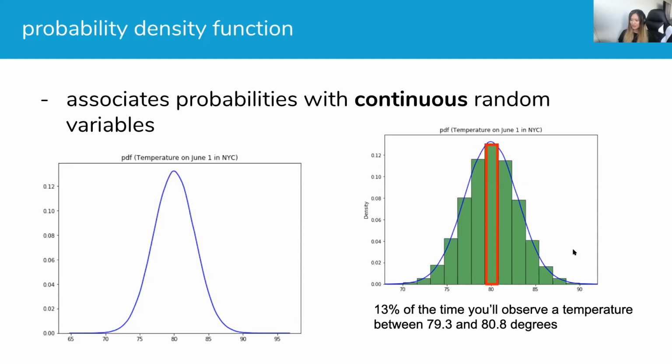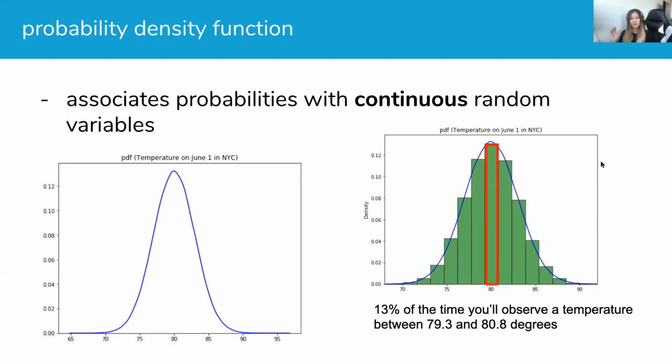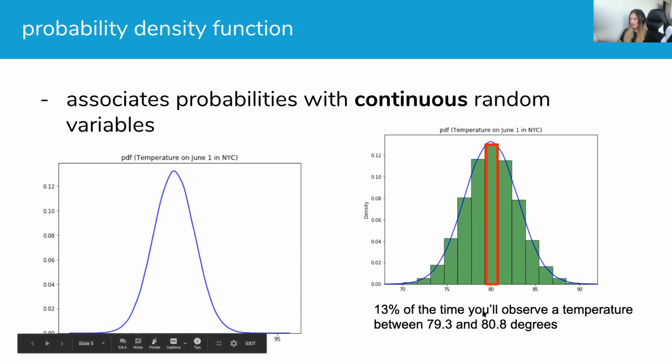Not exactly that you keep measuring things. It's just that in a continuous variable, for example, you have 79.3 and 80.8, but in between these two numbers there's an infinite number of points.